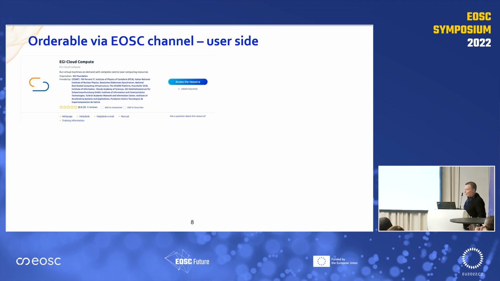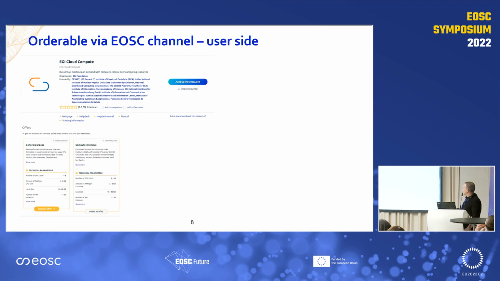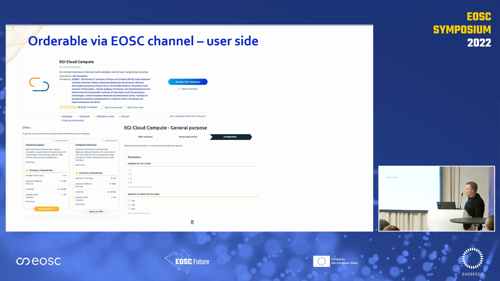From the user side, I think it was already shown several times, but I will just quickly go through the steps. The user comes to the marketplace and finds the appropriate service, and for some services there are offers which can be configured by the user.